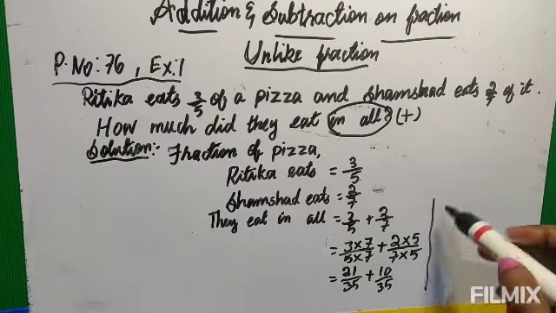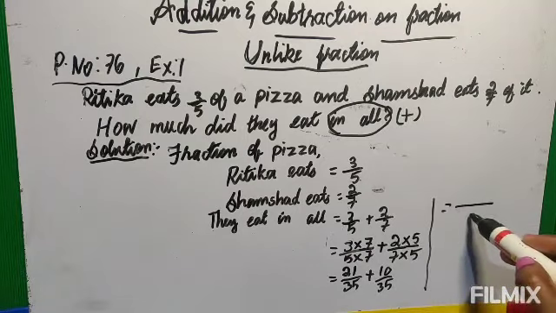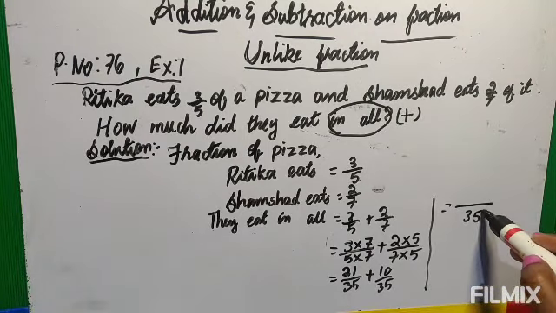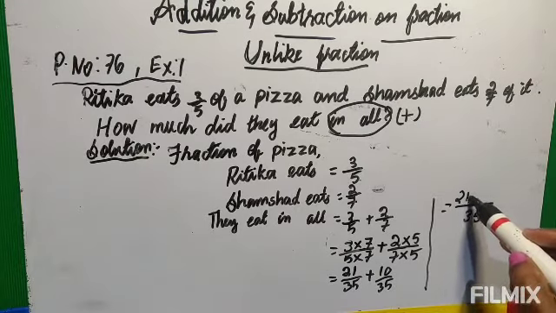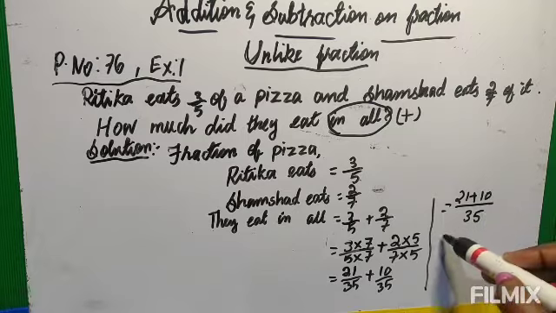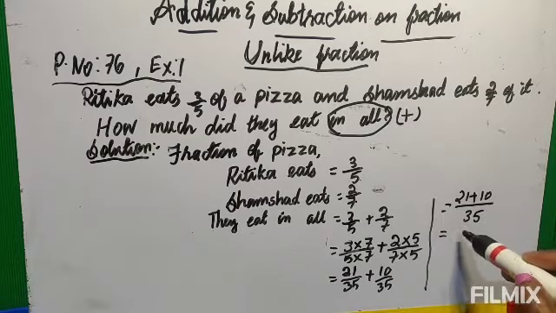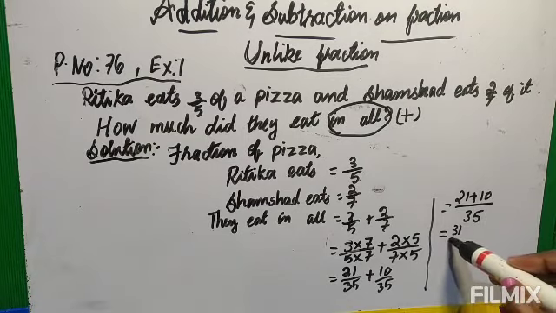Now equal to, you take the denominator 35 as common and write the numerators over the numerator. Now add: 21 plus 10 is 31, so 31 by 35.